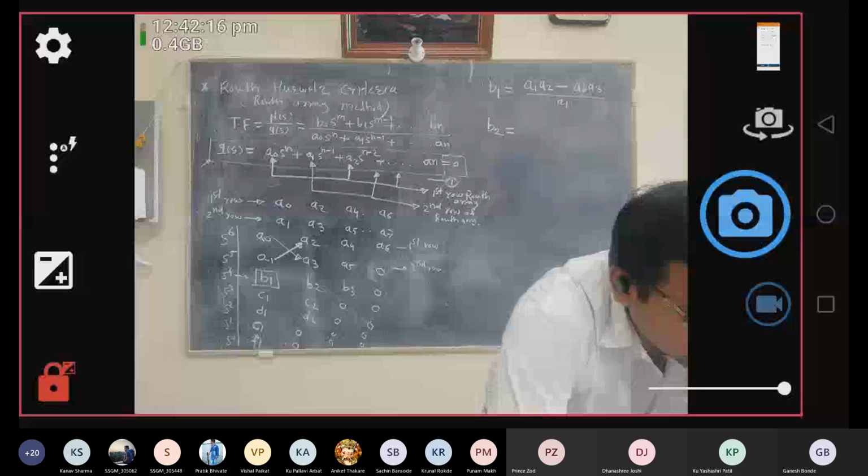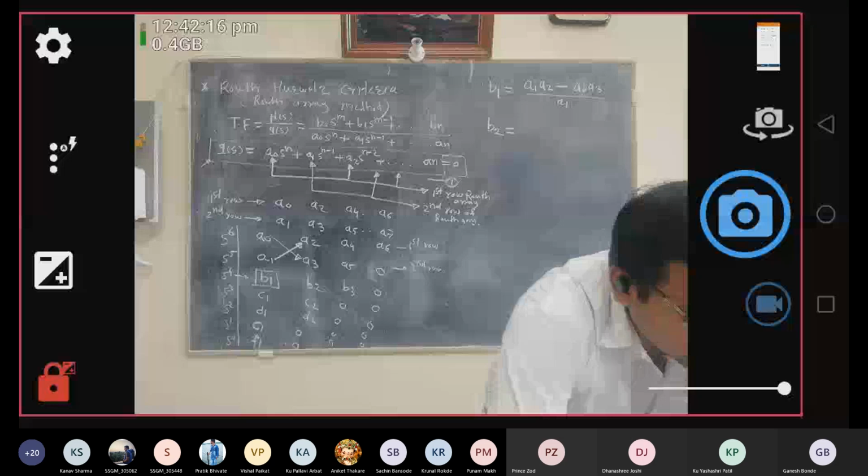Okay, so how to determine the stability? In the elements of the first column of your Routh array, we find out how many sign changes are present in the first column of the Routh array. So what do sign changes mean?